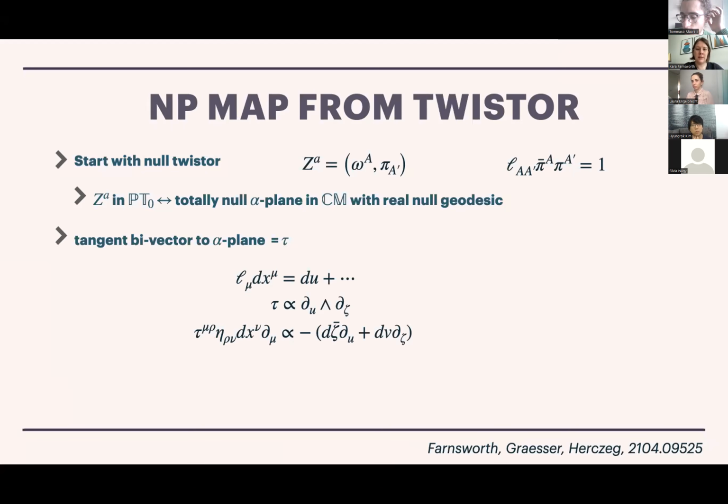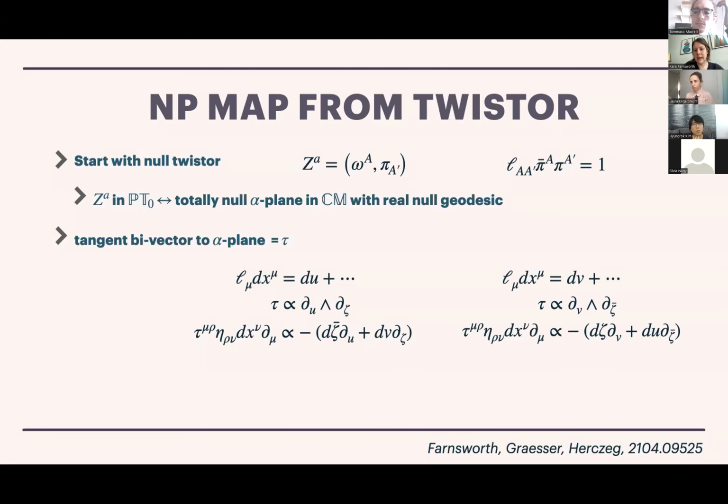And the tangent bivector is going to look like this. I'm sorry, I can't show my cursor, but tau is proportional to partial u wedge partial zeta. I can lower an index of that, and that gives me exactly the K hat factor that I've been using. So this is a connection between setting the coefficient of du to be 1, and the K hat vector that we use in our paper.